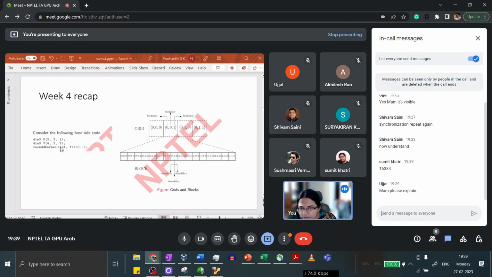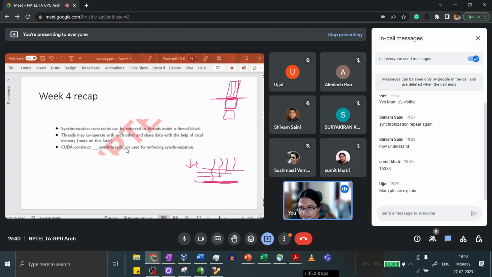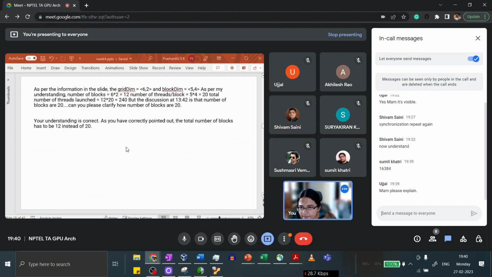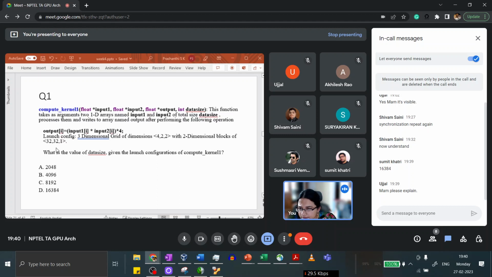We also spoke about what those three dimensions mean. So here similarly for this sample compute 1 kernel, you are given the launch dimensions. You are given that the launch dimensions are 4, 2, 2 for the grid, and for the blocks it is 32, 32, 1, right? And you are given what the kernel does also.